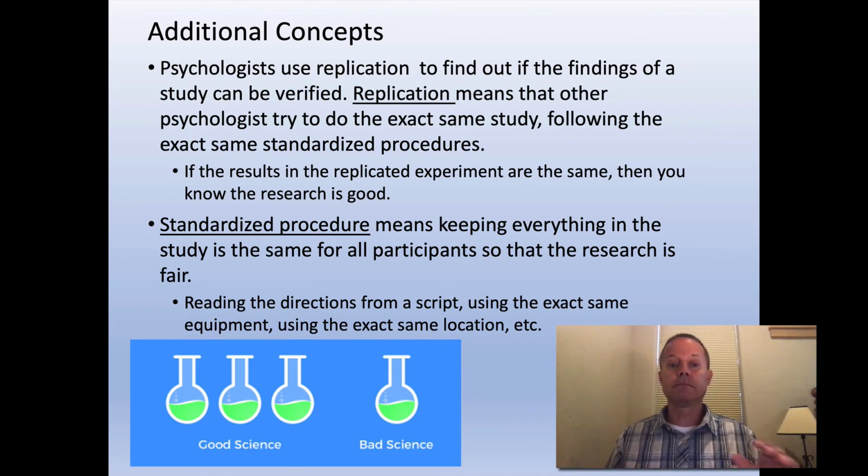So in other research, maybe you're reading directions to the participants, so you read the exact same script, you use the exact same equipment, you do it at the exact same location. So you have a standardized procedure so that everybody is treated the same when they do the study. So in this little picture down here, good science is when it's done 3 times and you get the same results. Bad science is if it's just done once and it's not replicated.